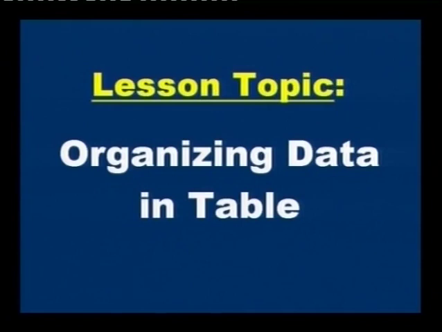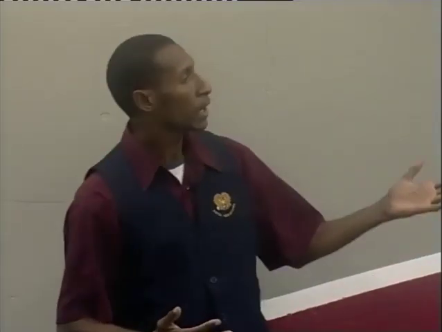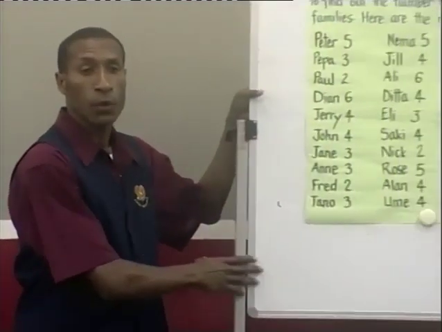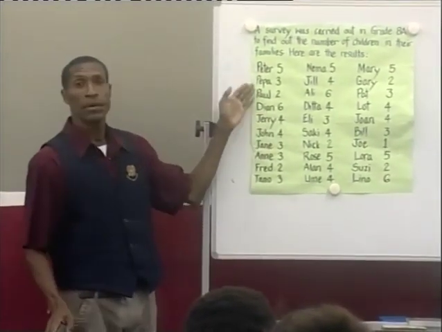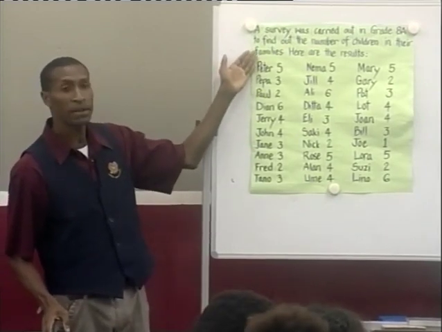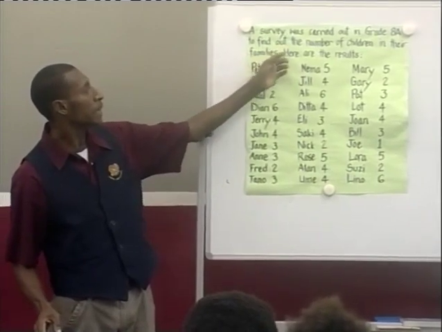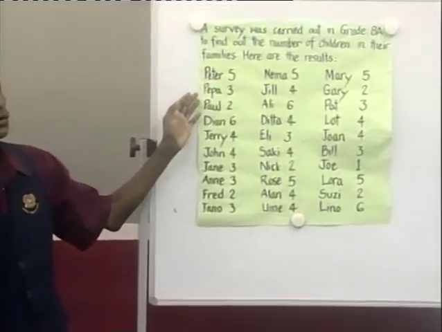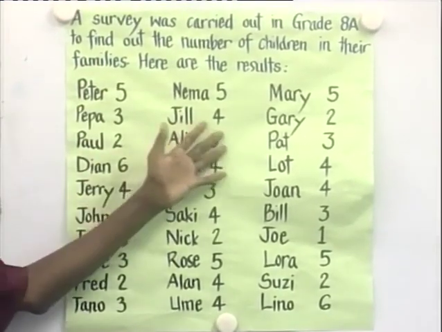Receiving students and ATs, I would like to show you an example of data that has been collected. Now let's have a look at the board. I have an example of data which has been collected in 8A. Here is the list from a survey that has been carried out in 8A on the number of children in the family of each of these students.